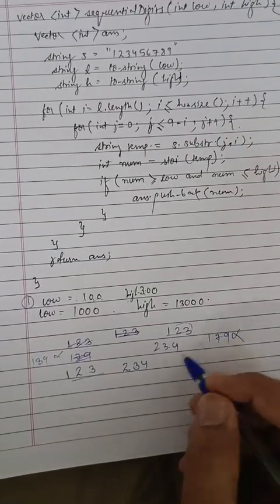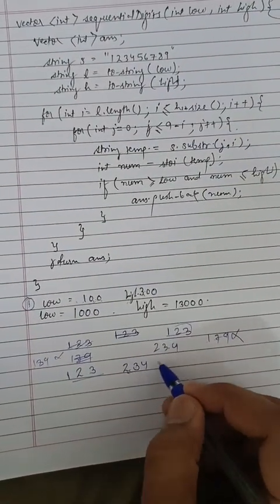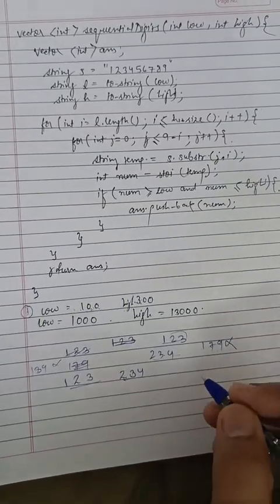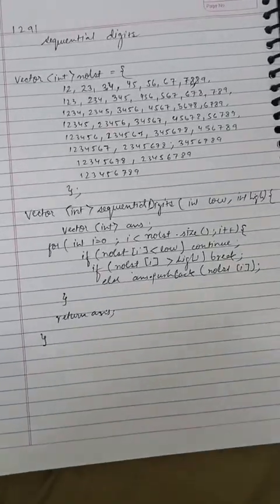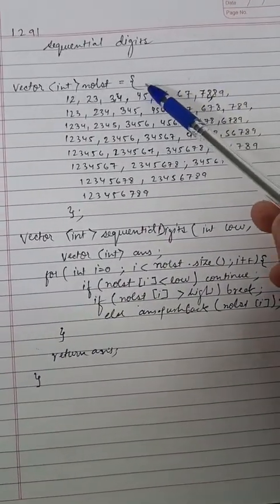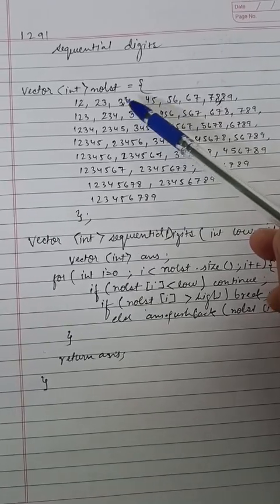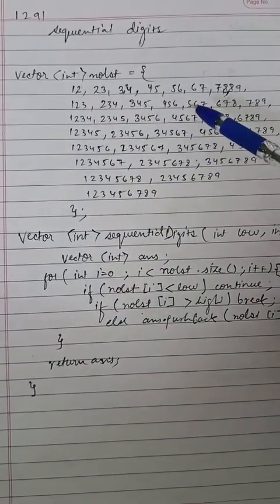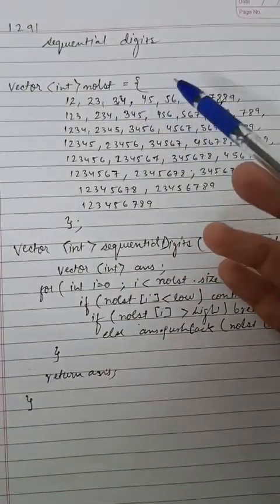As you can see, these numbers are in sequential manner, right? Every number is coming in sequential manner. So let me go through the first approach first. What you can do is write down all the possible numbers which qualify the criteria.